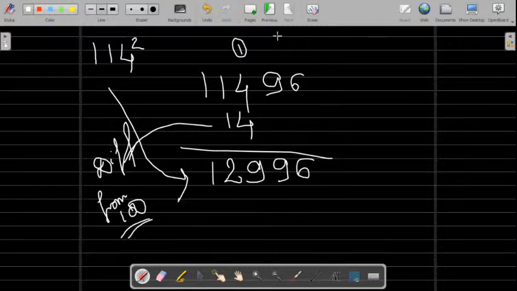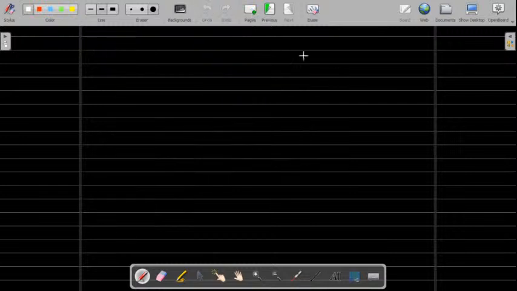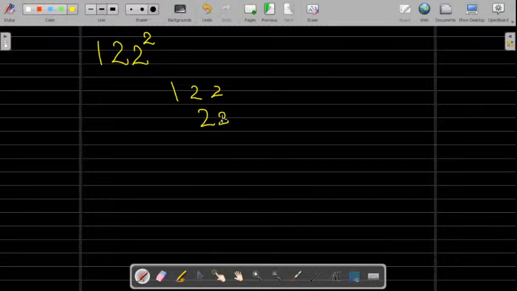Okay, one more example, the last one. 122 square, right? In this case, what is the difference here? 22 will come, right? So you have to add the difference, 22. And 22 square is 484.